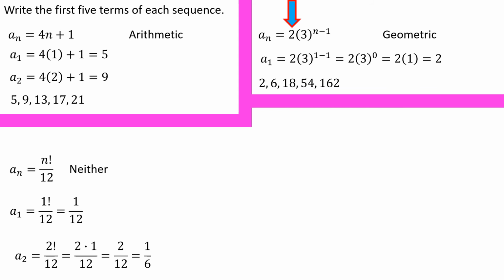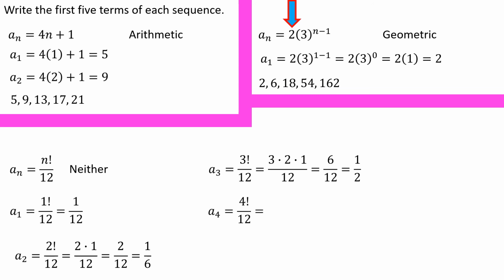That's the second number in the list. Let's find the third number. 3 factorial will be 3 times 2 times 1. 3 times 2 times 1 makes 6. 6 over 12 reduces to 1/2. I don't see an obvious pattern, so I gotta keep going.